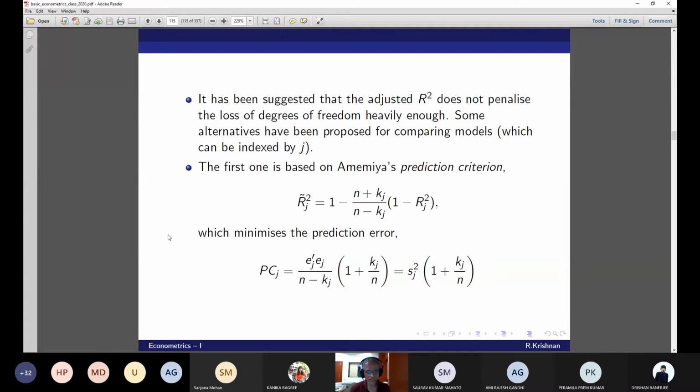Tell me what you understand by this measure, the prediction criterion. The penalty has been increased this time from (n minus 1) to (n plus kj).